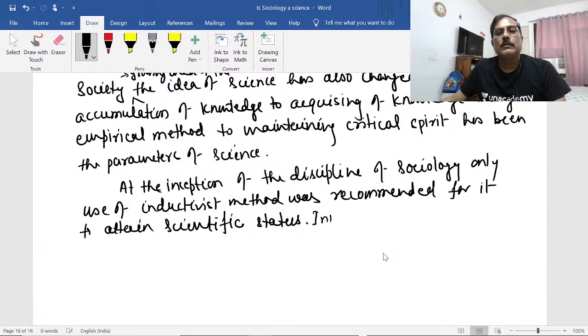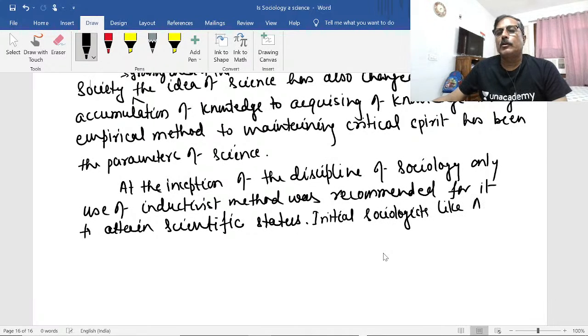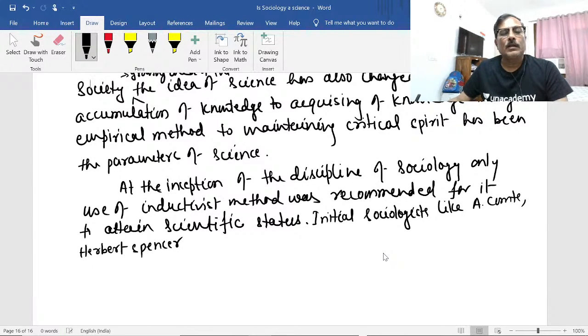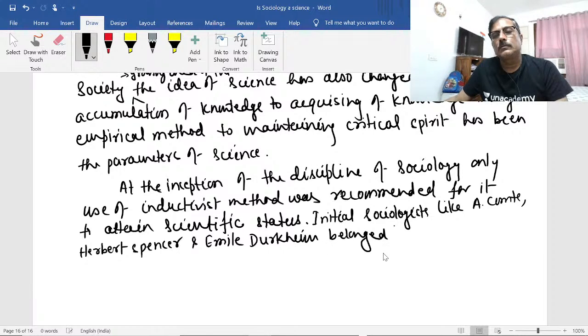Initial sociologists like A. Comte, Herbert Spencer, and Emile Durkheim belonged to this school.